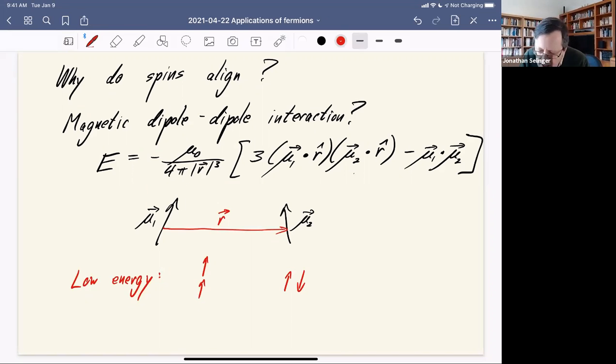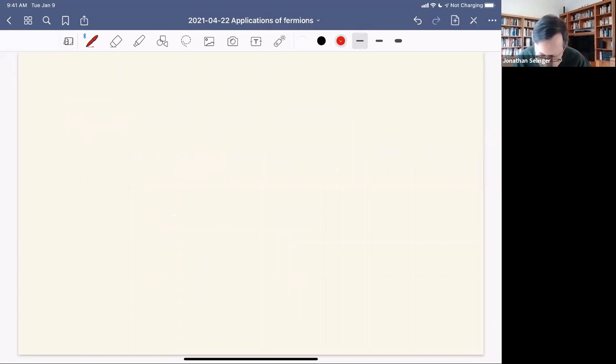Okay, so then the question is, can this dipole-dipole interaction explain ferromagnetism? Right? Can you say this is the fundamental mechanism that makes all the magnetic spins in a crystal line up with each other? It seems reasonable, but it's not correct.